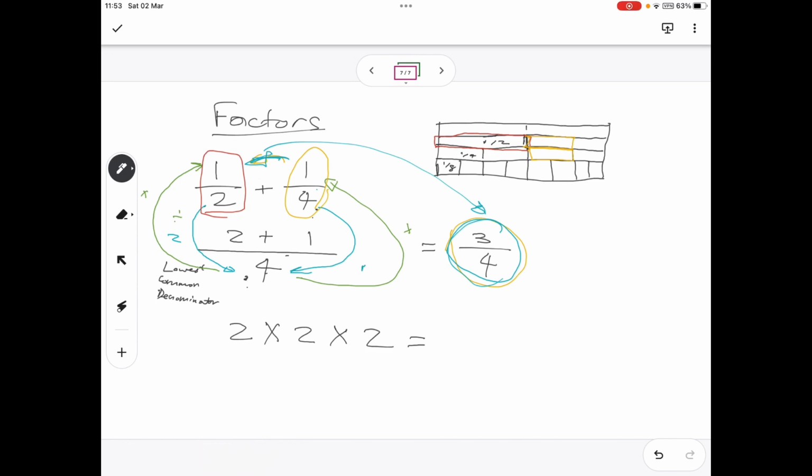What do we get as an answer? 4. By another 2, how much do we get? 16. That's if we do it 4 times.